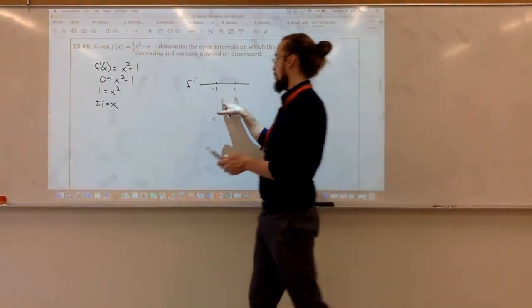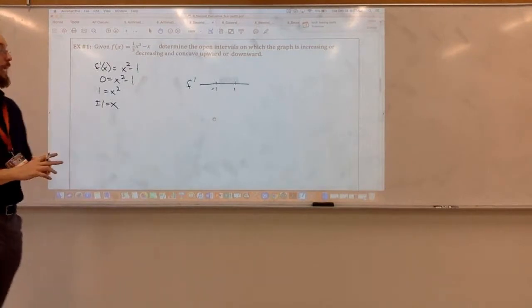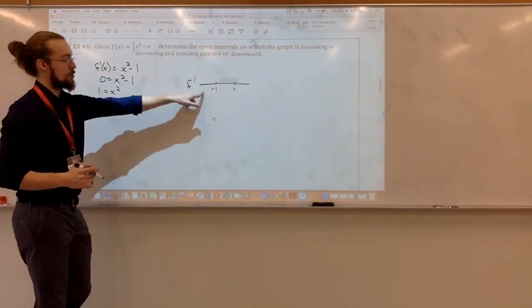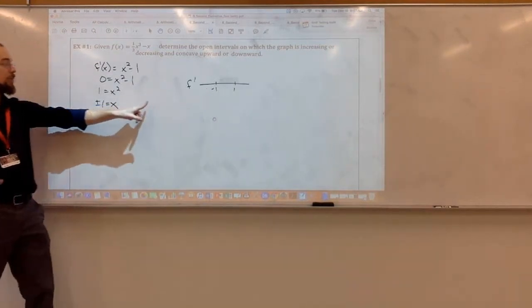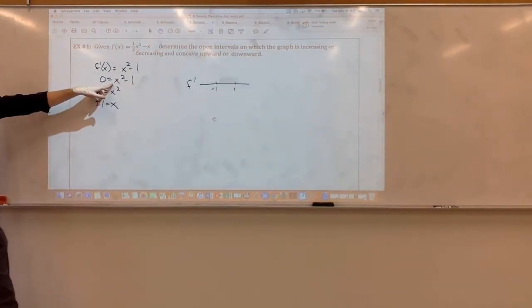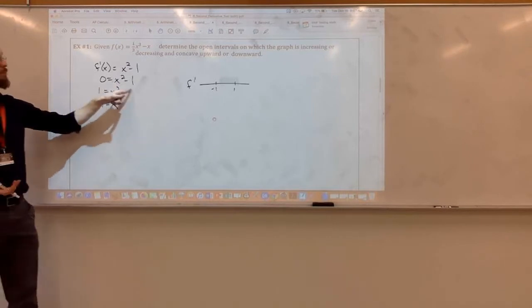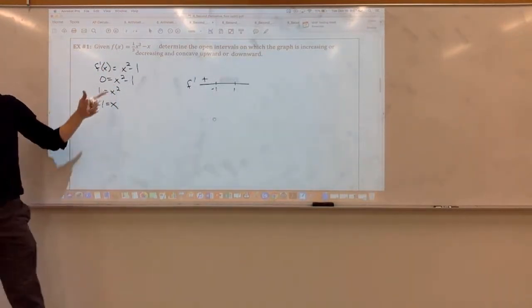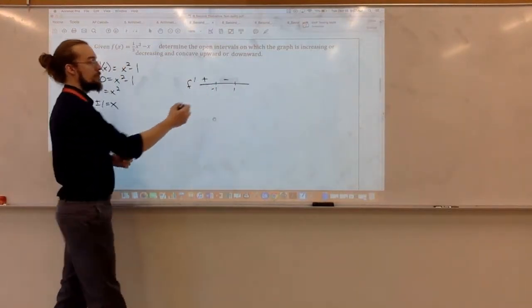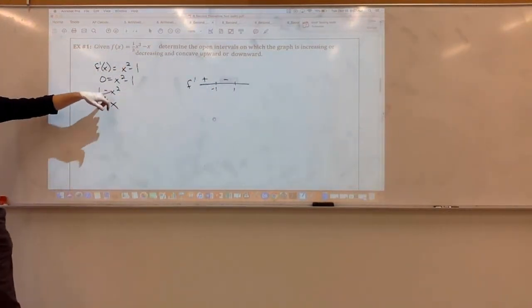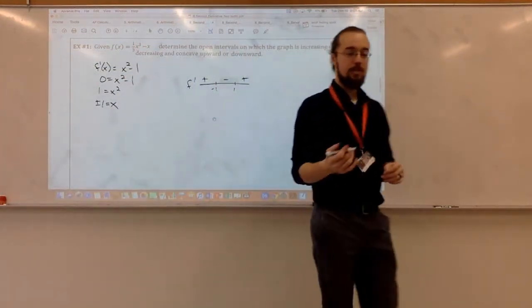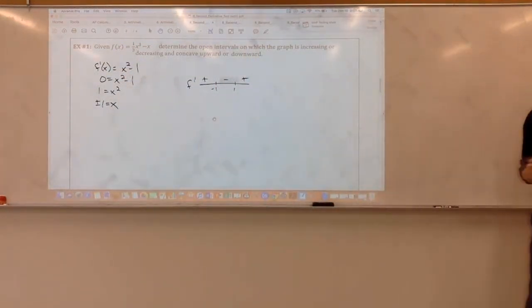So put -1 and +1 on my sign chart, and then we'll pick values on each of those intervals to plug in. If I plug in -2 into my derivative, that would be 4 minus 1, that's positive. If I plug in 0, it would be negative. And if I plug in 2, positive. So what does this sign chart tell me about my original function?